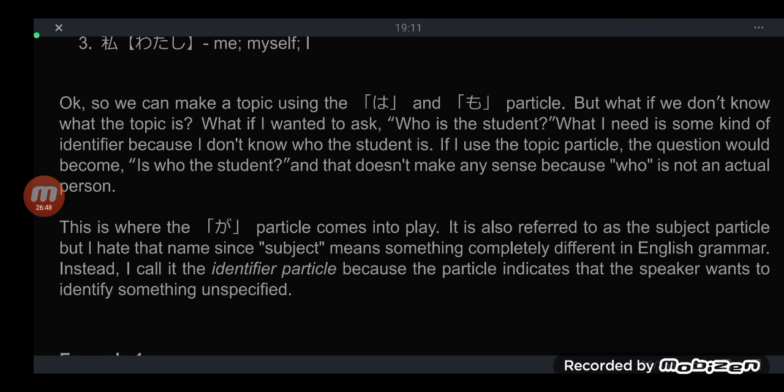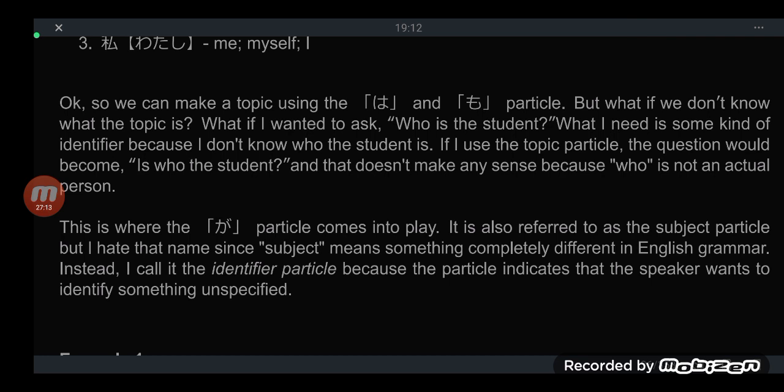I am the doer of the action. Watashi, I am the doer of the action. Watashi ga kanji wo kakimasu. I use the particle wo, or o. Kanji wo kakimasu. So the object, what did I write? Kanji. Kakimasu.